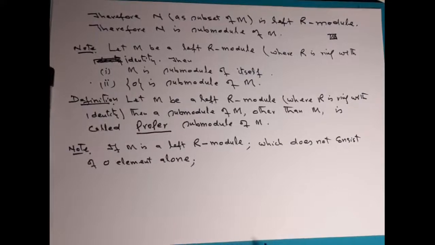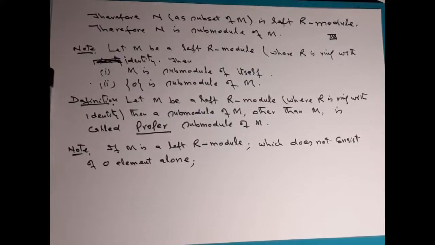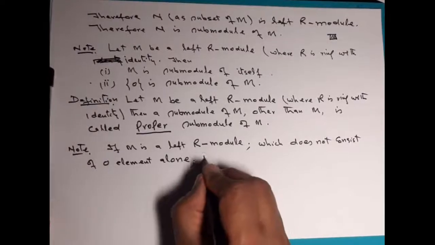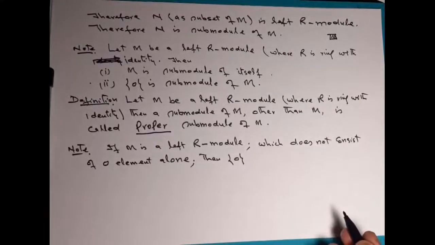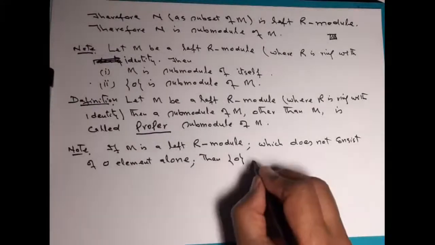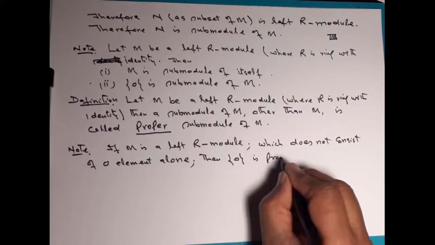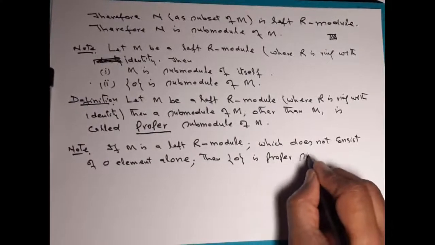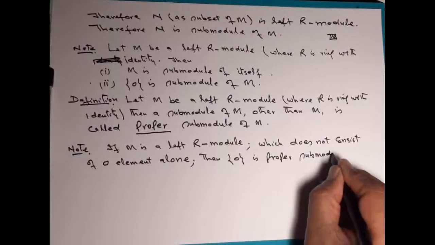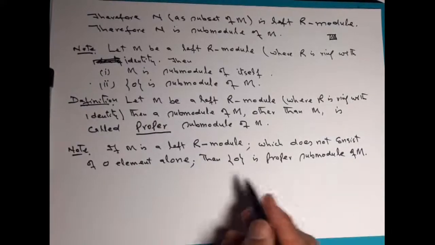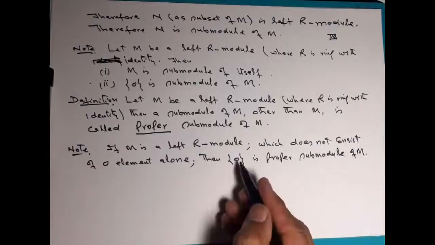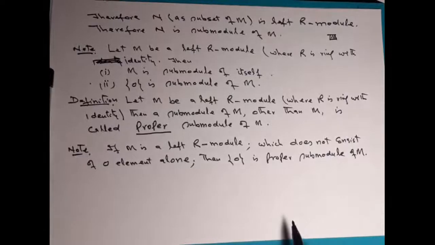Then this set {0} is a proper submodule of M. And very simple, because M contains 0 and then other elements as well. So this set which consists of 0 only is a submodule of M.